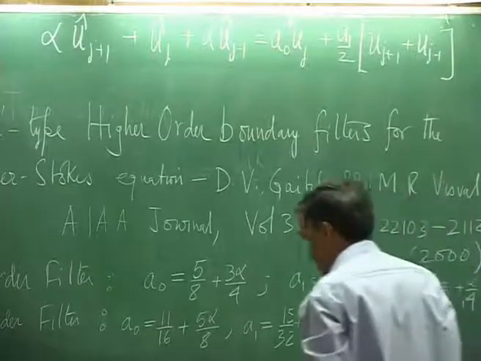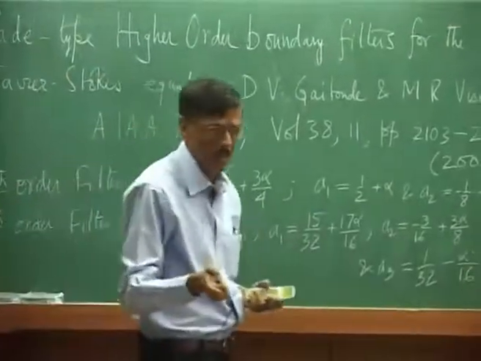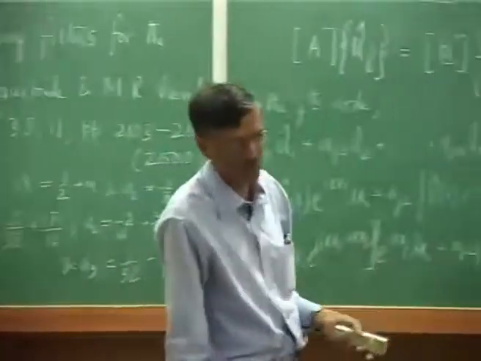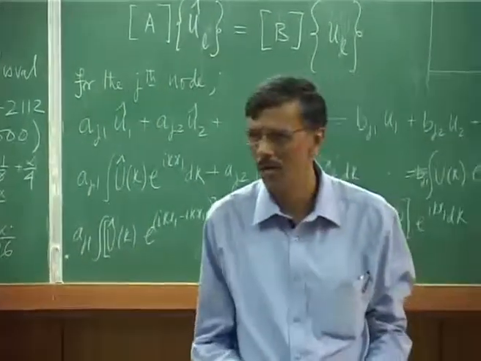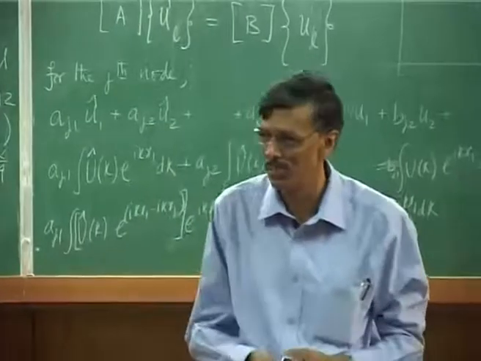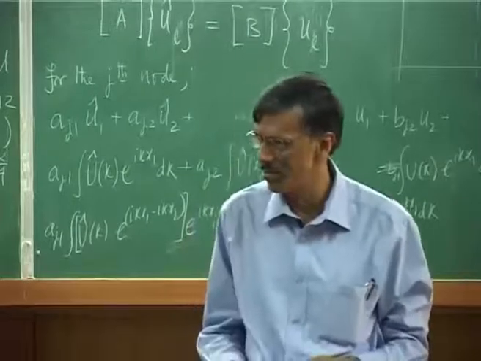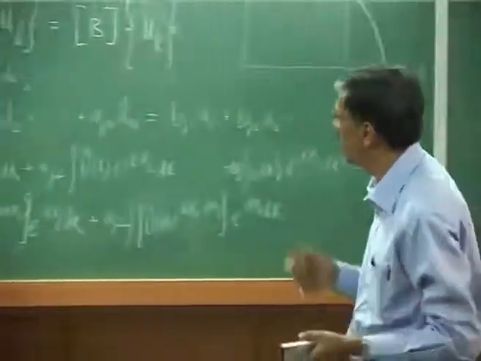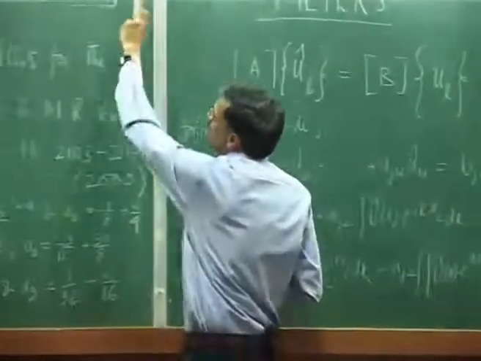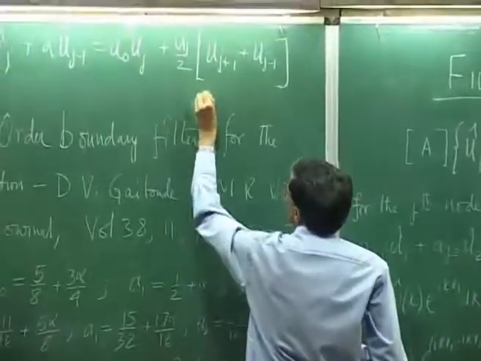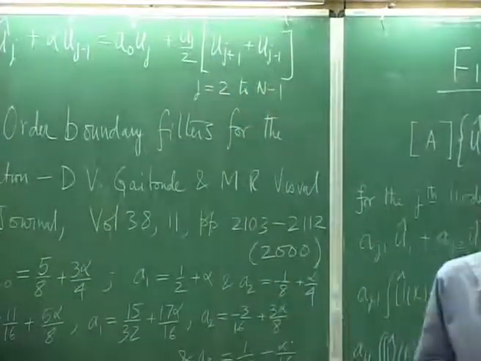One thing we must also realize is that in all physical problems you would require boundary conditions. That means at j equal to 1 and j equal to n, conditions would be given to you, either in terms of the functional form or in terms of the derivatives, right. So there is a need for applying this formula from j equal to 2 to n minus 1 only.